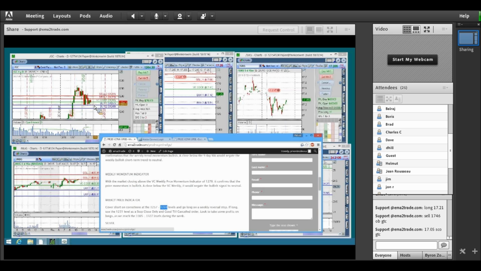And for next week, now 1231 is your stop. And if you go long, then look to take your profits, and it tells you very specifically here, look to take your profits as long as we reach the 1305 to 1327 levels during the week.